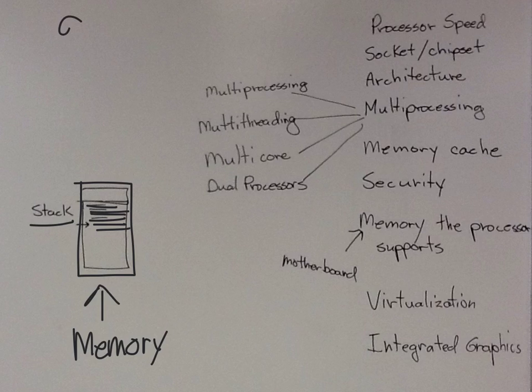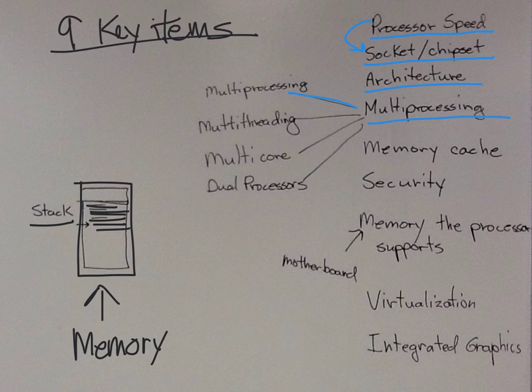And then the 9 key items about processors that you need to be aware of before you purchase a processor. Processor speed, gigahertz, we talked about that already. The socket and chipset that it fits in. What's the architecture? And then multiprocessing and multi-threading.